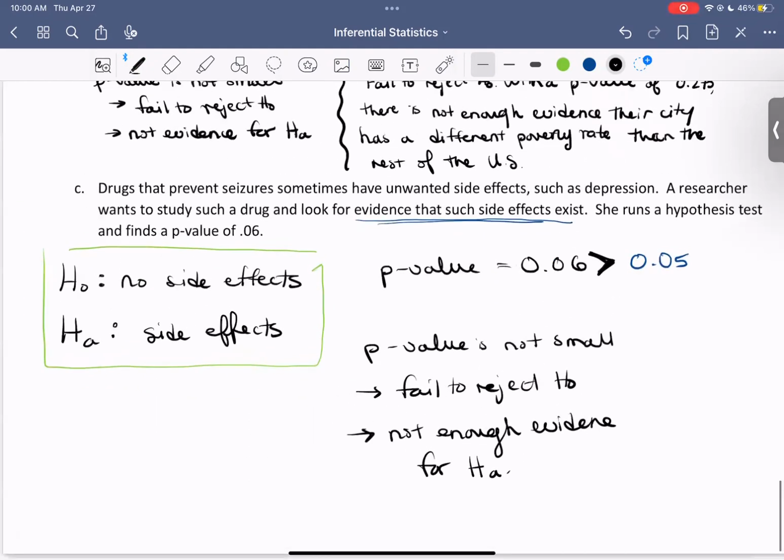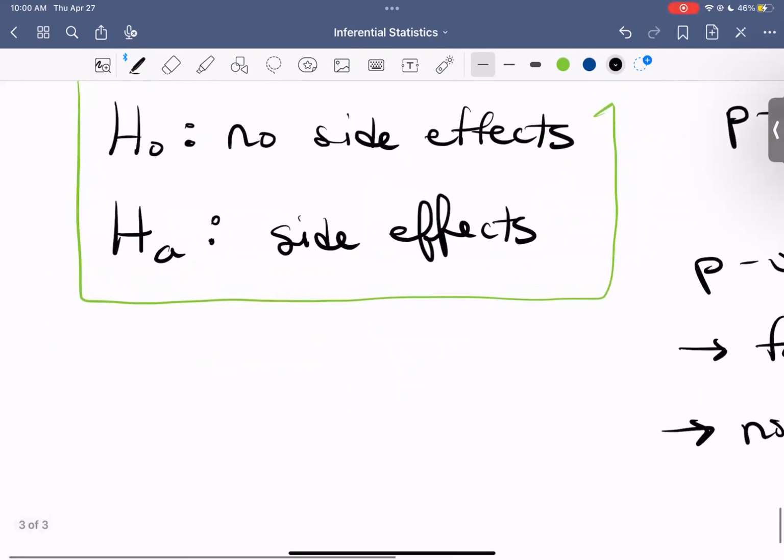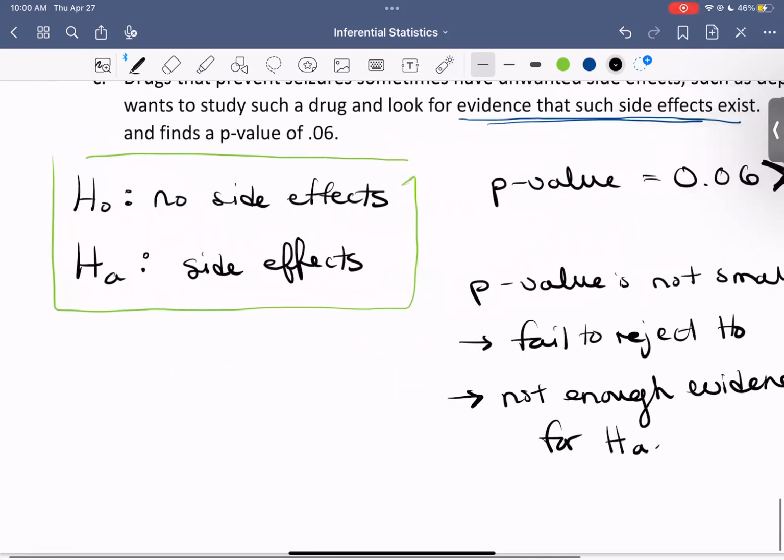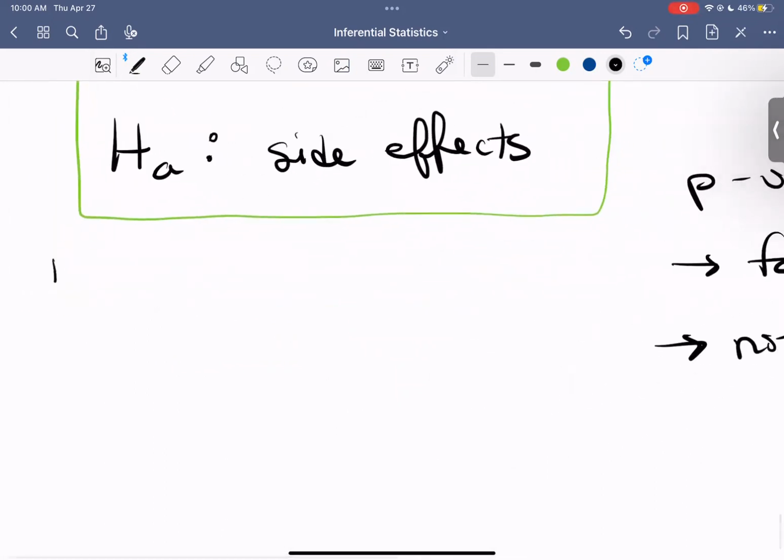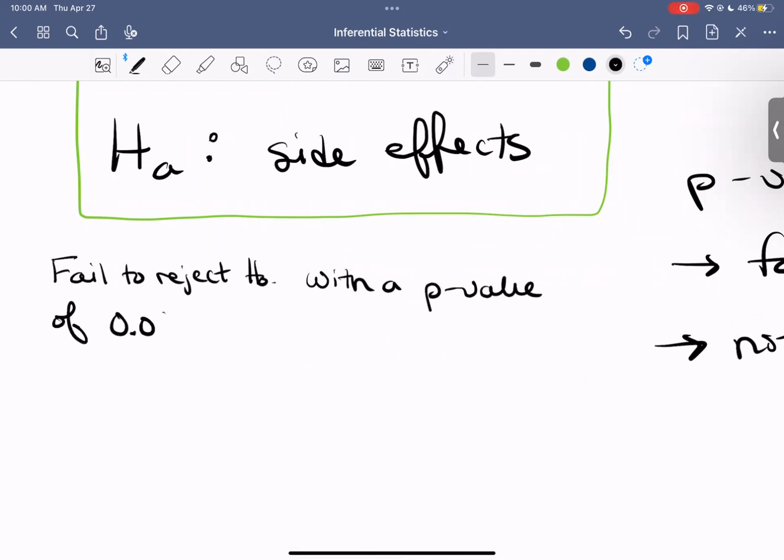All right, so let's put that in context, our conclusion. So we fail to reject H0 with a p-value of 0.06.